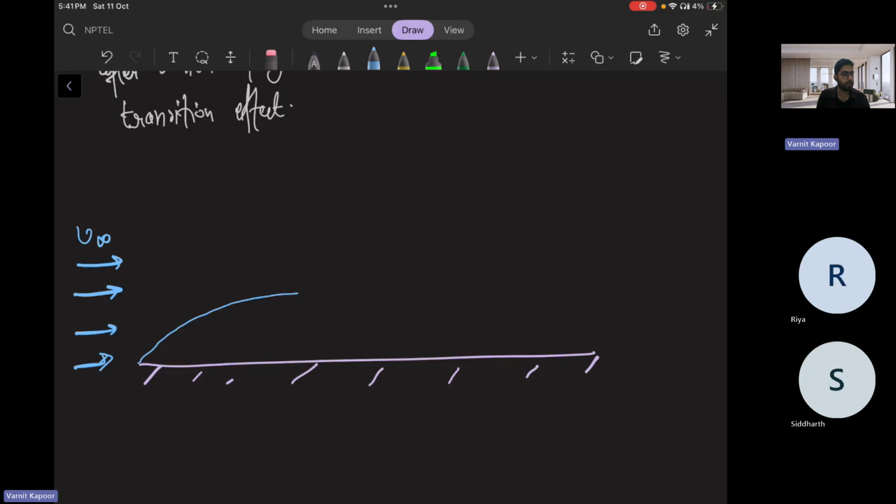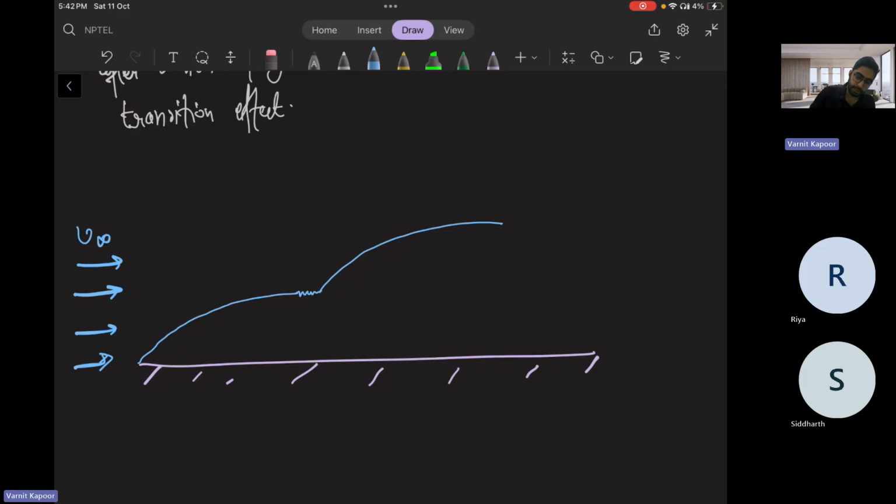The no slip condition will also be there at the surface, and Newton's law of viscosity will hold. Then there will be some transition zone, suppose like this, of some thickness. After that, if the flow becomes turbulent, rapid mixing happens, because of which the boundary layer becomes much larger compared to the laminar scenario.